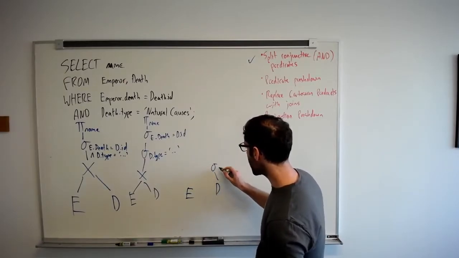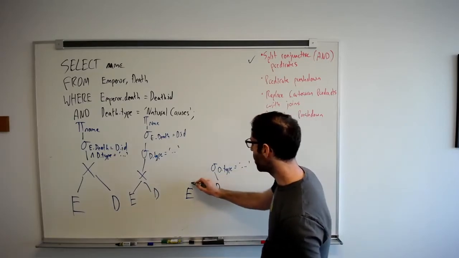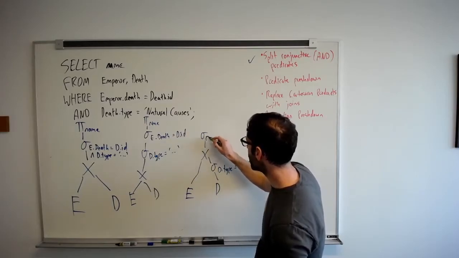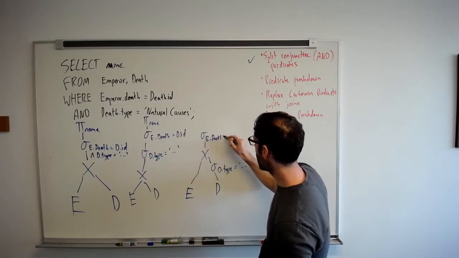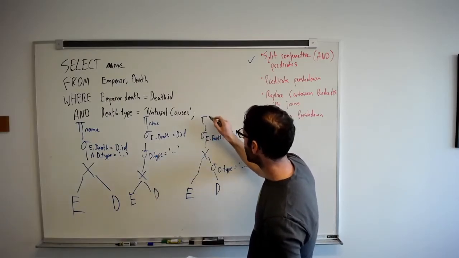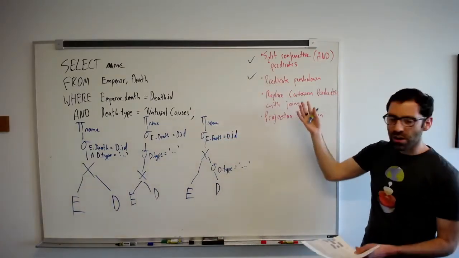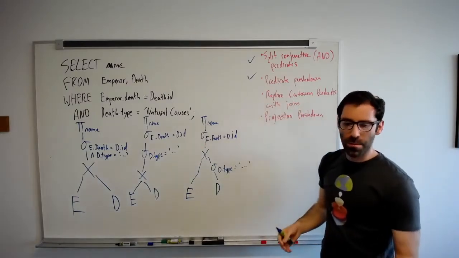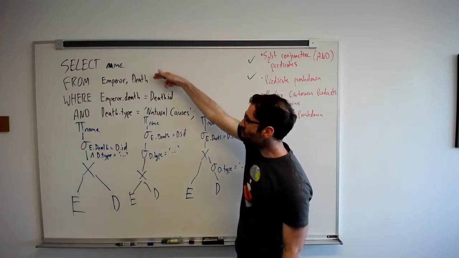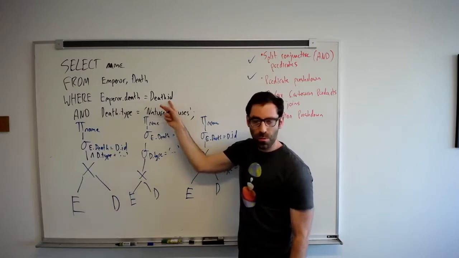We go to our selection on type, and from there into our cross product into our other selection, and from there into our projection. So we've pushed down our predicates, and now we want to replace our Cartesian products with joins. We know that writing a query like this will join these two relations using this predicate.